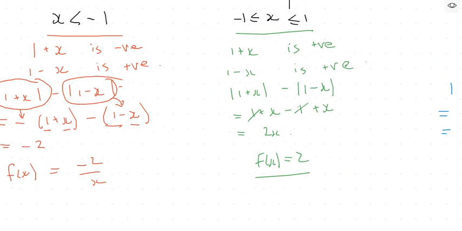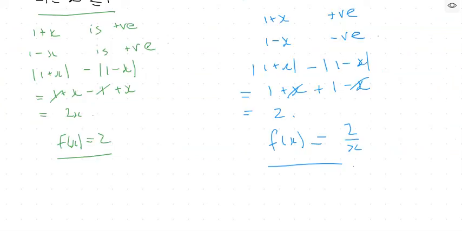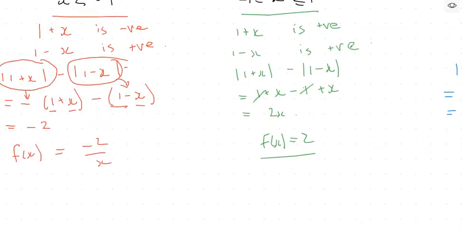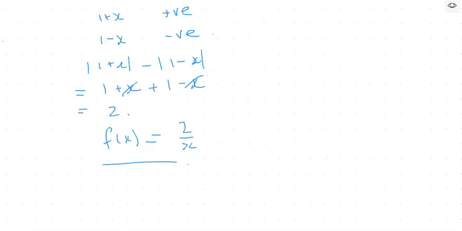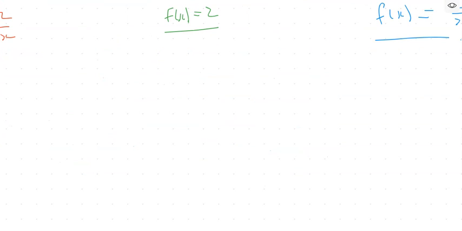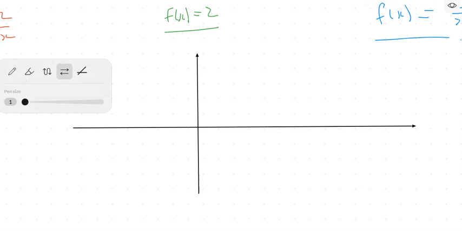Okay, so now I have 3 conditions and 3 graphs for each of those conditions. So it's time to sketch them. Do this in black. Right, I don't know what this is going to look like, so let's... So this is x, this is f of x.